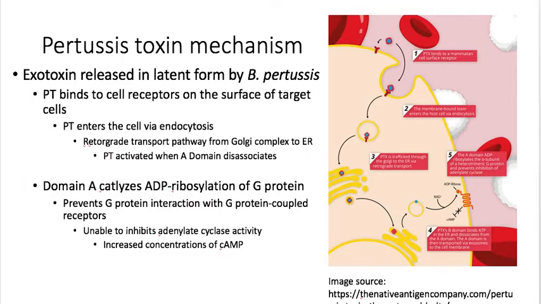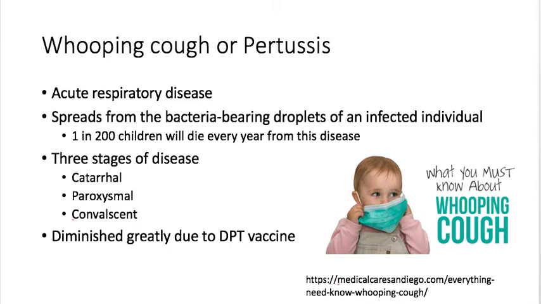We know that PT also blocks inflammatory responses to the cells, so it is a strong contributor to the virulence of B. pertussis because it inhibits phagocytosis activity and it inhibits neutrophil activity, so it allows B. pertussis to colonize in our respiratory tract, which then leads to whooping cough or pertussis, which is an acute respiratory disease. It's really contagious, and it spreads from bacteria bearing droplets of an infected individual.